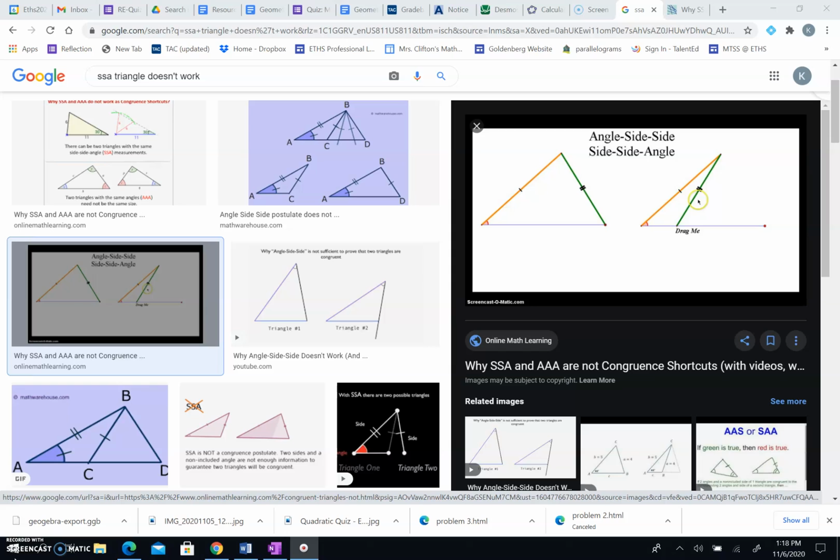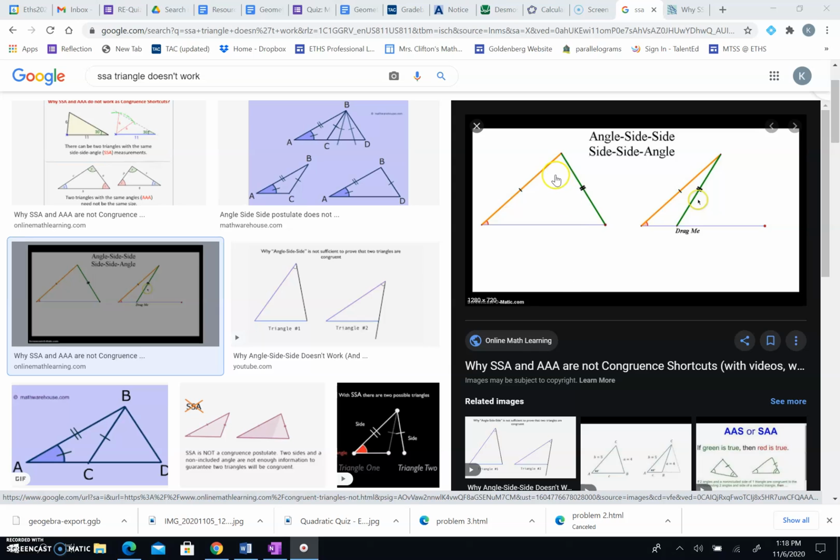Okay guys, so what I've done is I've Googled side, side, angle, triangle doesn't work. I think this visual over here on the side is a really great example. You've got a side, the green one that's congruent to the other green one, followed by the orange side, and then you have an angle next. Because that angle is fixed, we can't change the angle, and we can't change the orange or the green side.